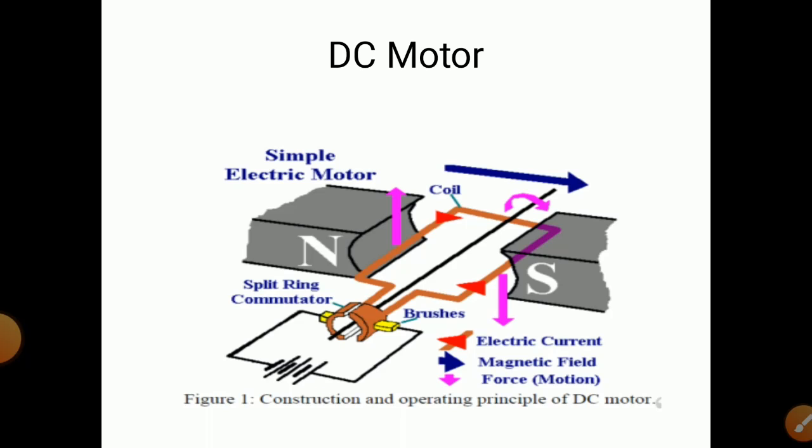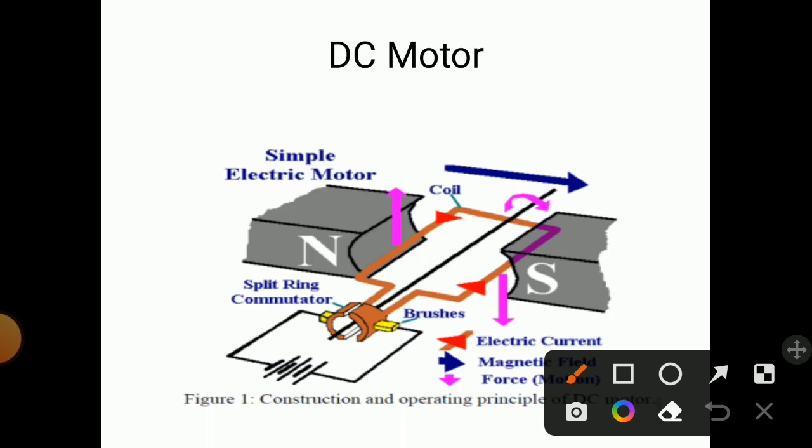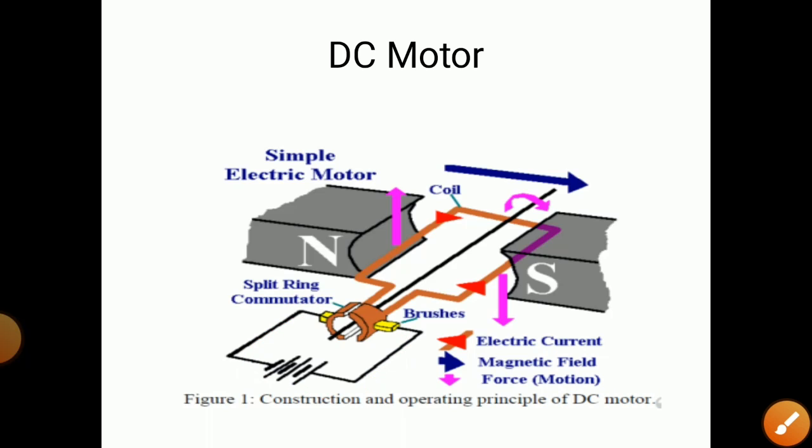Through this coil or conductor current passes. So the electric current passes through these coils. At the end of this coil or conductor, brushes are shown here, so brushes are provided over here. Through this circuit the electric current flows through the coil.